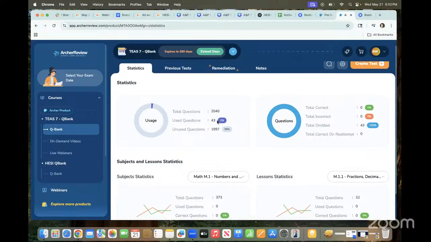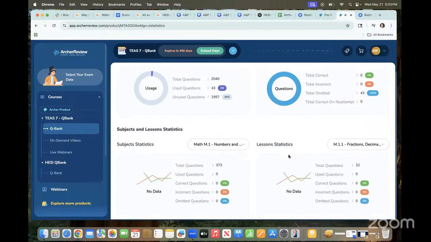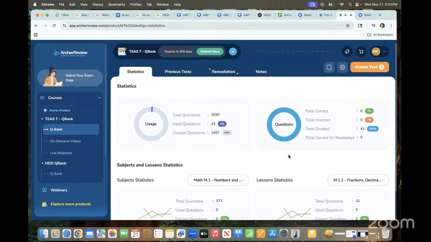What's really cool is that it allows you to go back through some of those questions that you missed and really focus in on why you missed them using our rationales that we've developed, and then to have that opportunity to redo those questions. So we are set up to keep track of all of that for you to help you prepare.